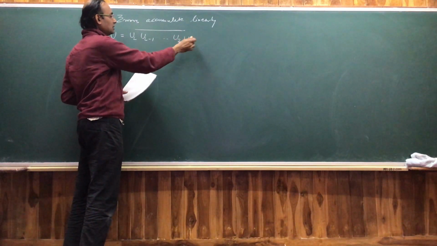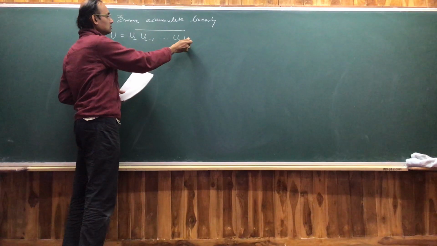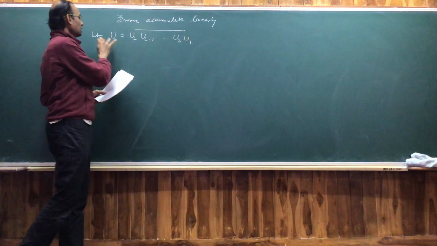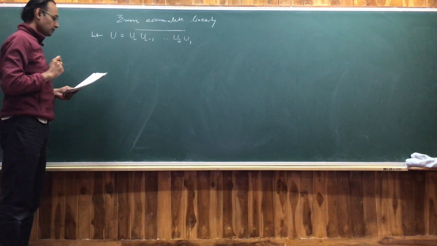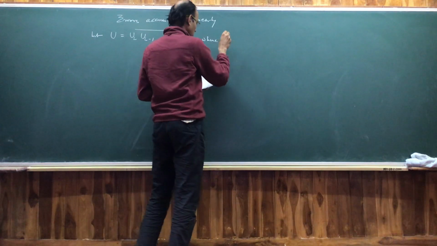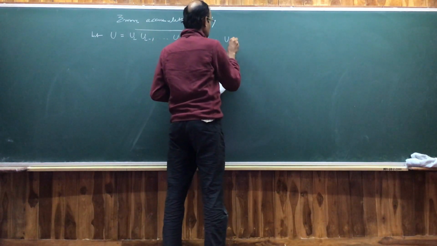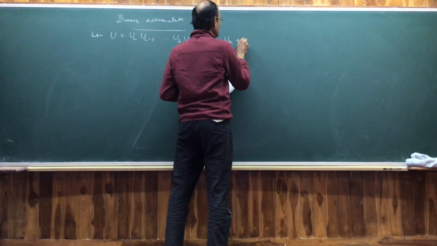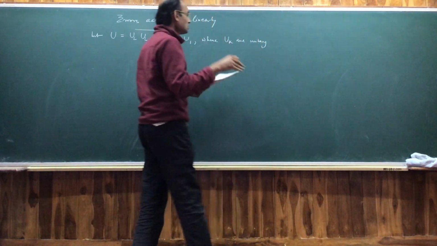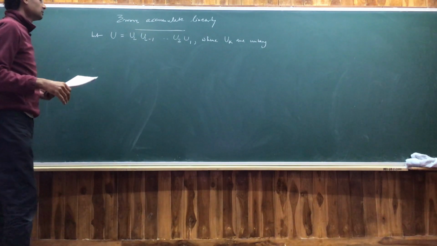So here is the state. First U1 acts, then U2, and so on, and the total action is given by this U, where UK are unitary operations on the relevant Hilbert space.